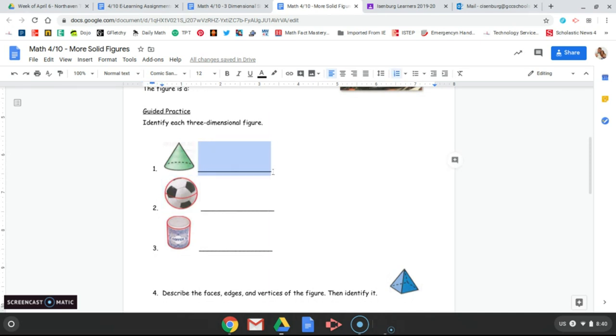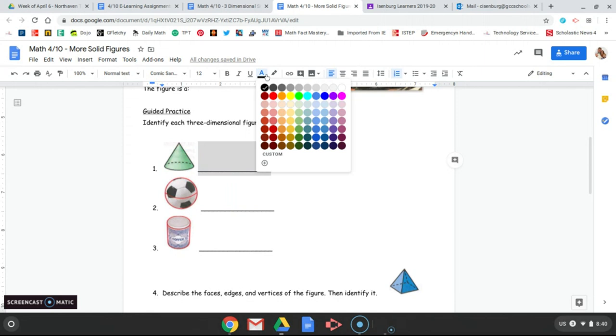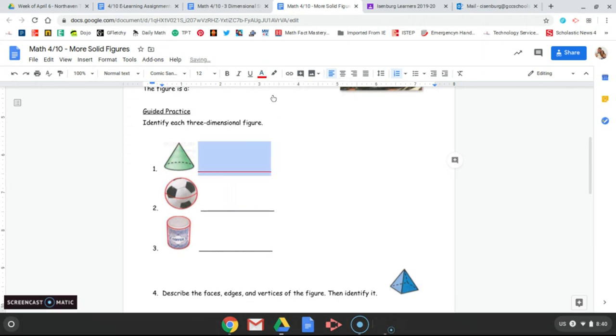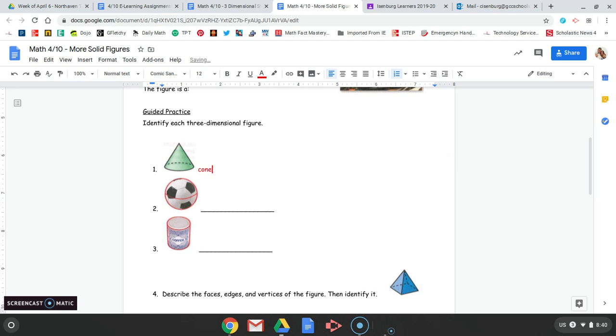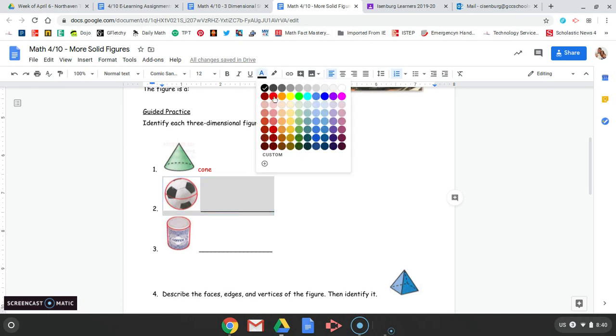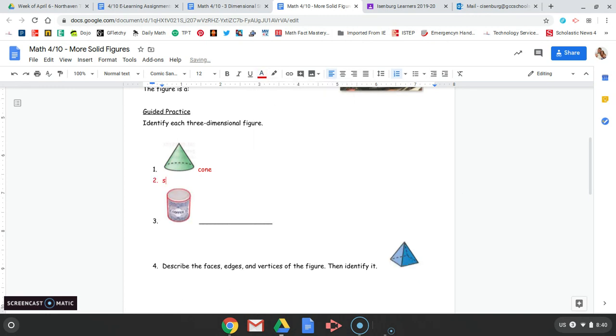All right, down here, we're just identifying the shapes. That's part of understanding the attributes, is being able to look at a shape, see its attributes, and give it a name. So this first one is a cone. This next one, almost deleted the picture. This next one, if it's shaped like a ball, the mathematical word for that is a, see, I did it.